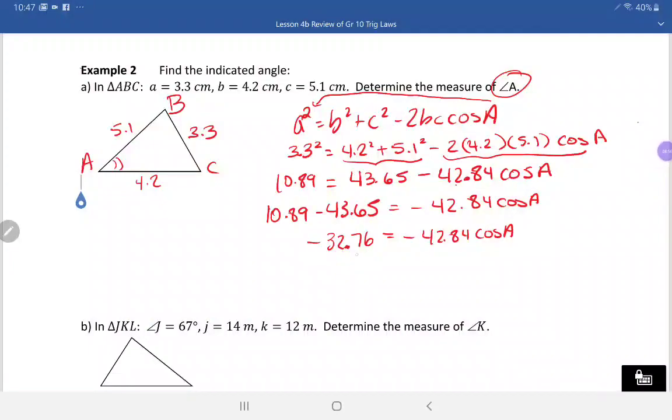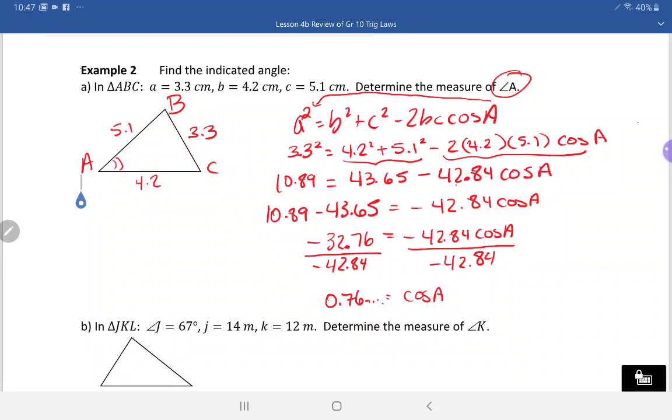So we get negative 32.76 over here. We've got negative 42.84 cos A over here. We're going to divide both sides by negative 42.84. And we are going to be left with an answer for cos A as 0.76, and again, it keeps on going.